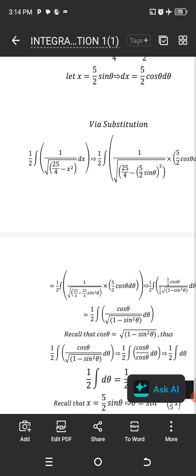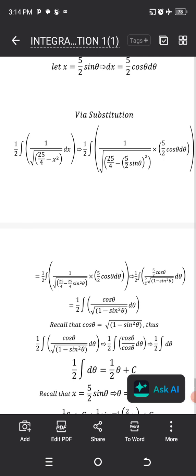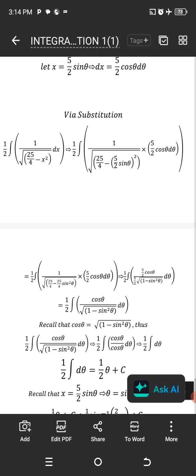So I recall that we have 1 over 2 integral of 1 all over square root of 25 over 4 minus x squared dx. Which implies 1 over 2, replacing with theta now, integral of 1 over square root of 25 over 4 minus (5 over 2 sin theta) all squared, multiplied by dx, which is now changing to 5 over 2 cos theta d theta.